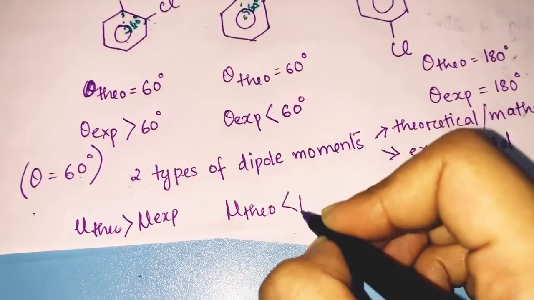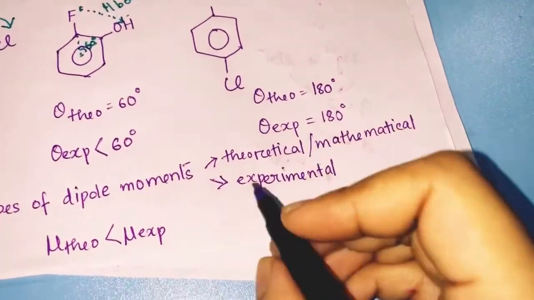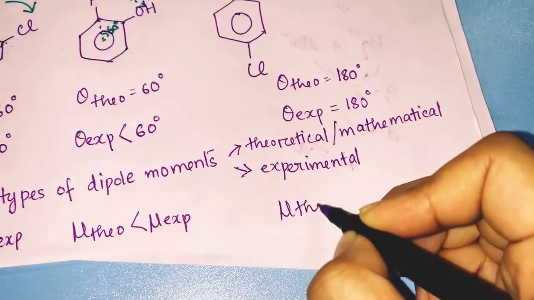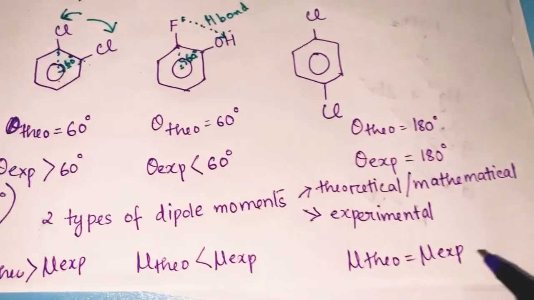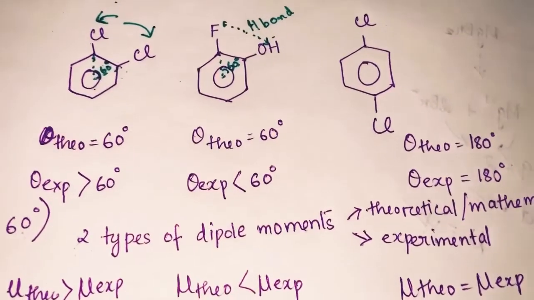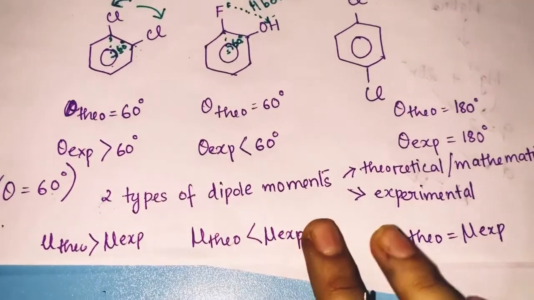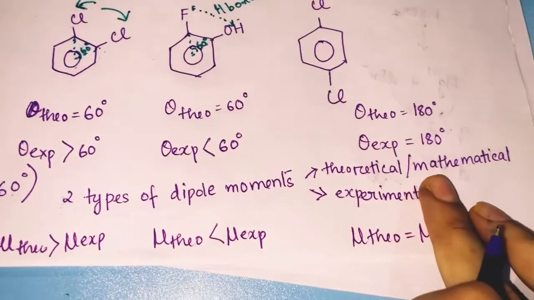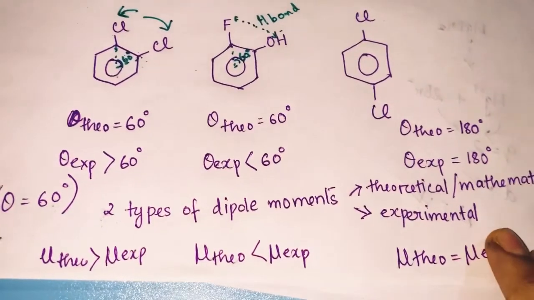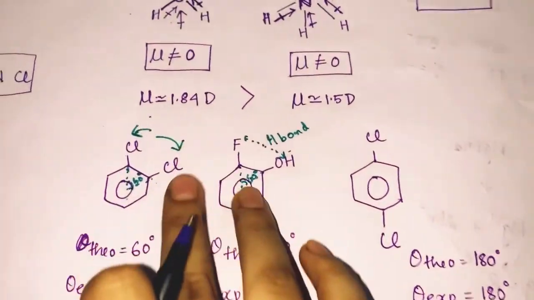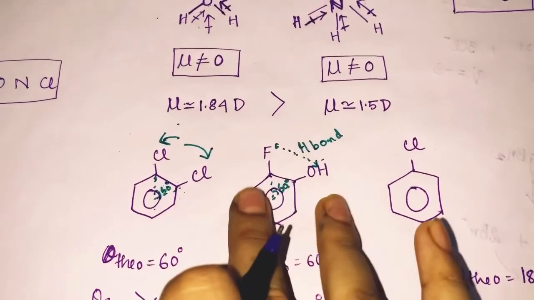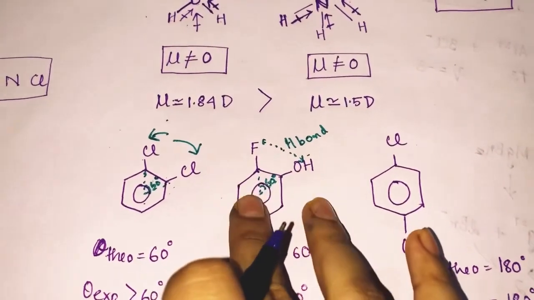Mu theoretical is less than mu experimental, and here since theta is the same, mu theoretical is equal to mu experimental. So this is why there exist two types of dipole moments. One is theoretical and the other one is experimental, because of the differences in the angles that exist based upon what kind of effects are happening in real.